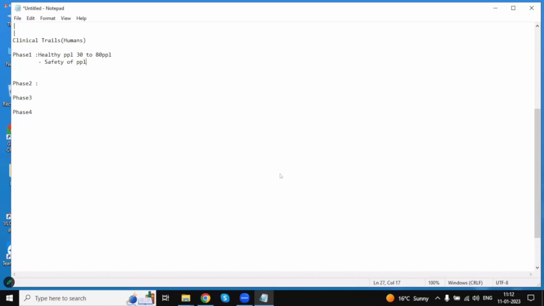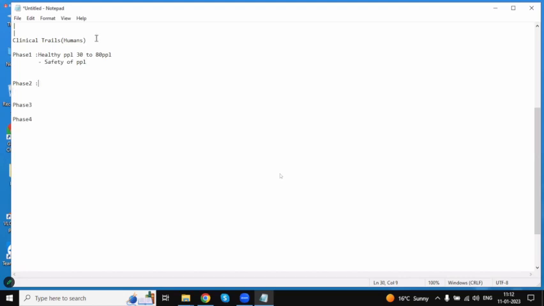Safety means there are no major side effects and no deaths supposed to happen due to this drug. If the results are good to go, then only they'll move to phase 2.